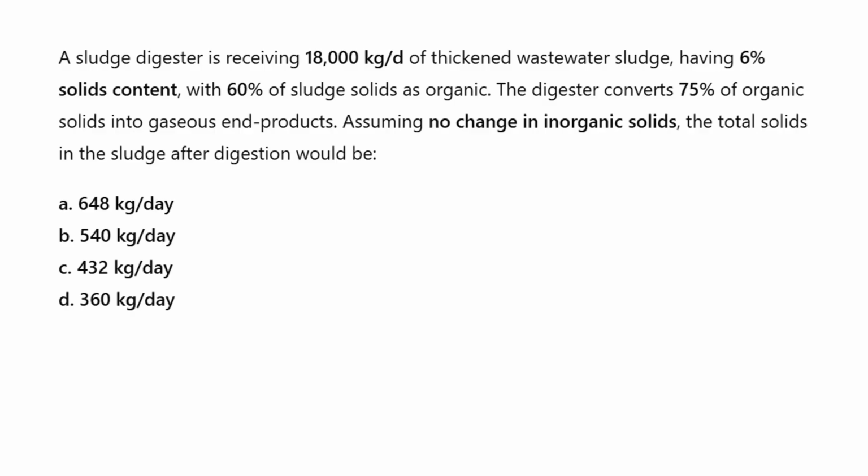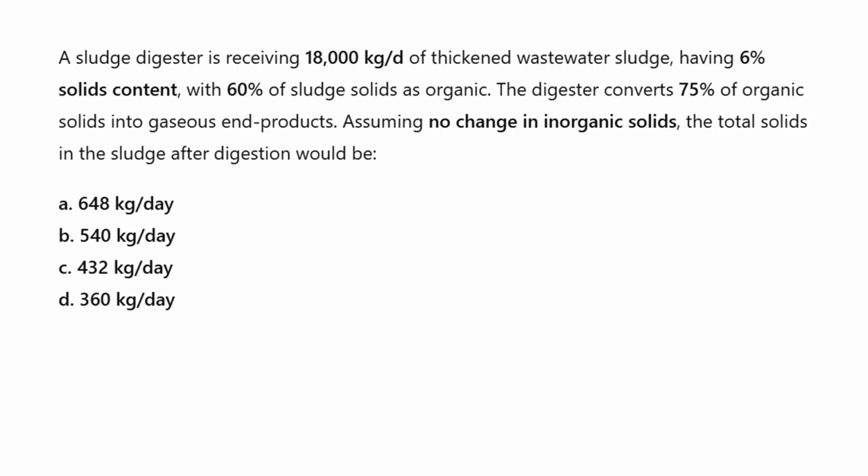Okay, so the digester converts 75% of the organic solids. In this, 75% is destroyed in digestion. Means what? Remaining 25% remains after digestion. That is the meaning.